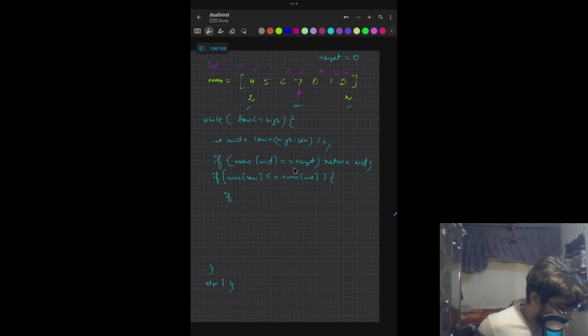Now we check if our target is in between low and mid. So our target should be greater than or equal to nums at the position low, and it should be less than nums at mid. It cannot be equal because here is the equal case.